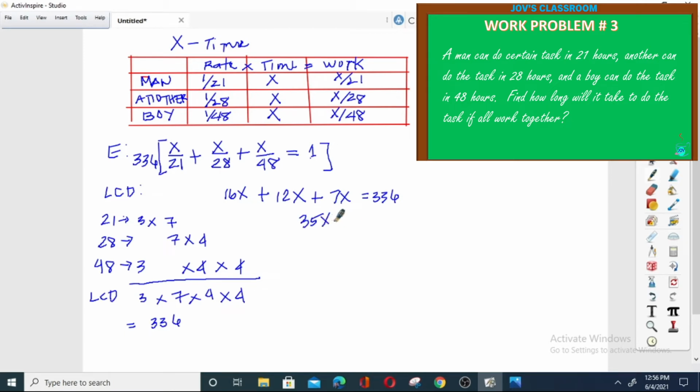35x is equal to 336. So divide both sides by 35.